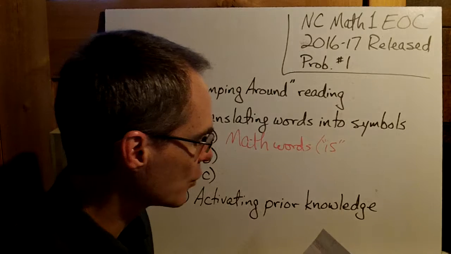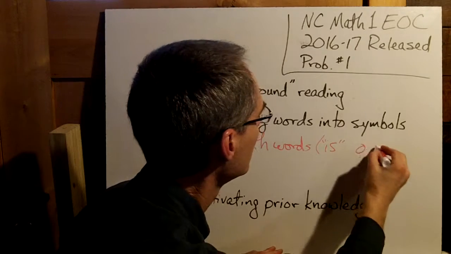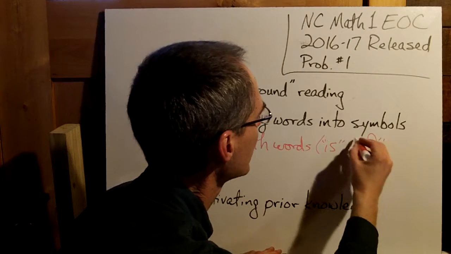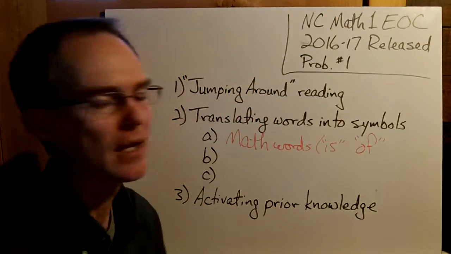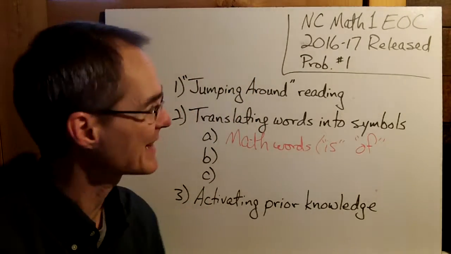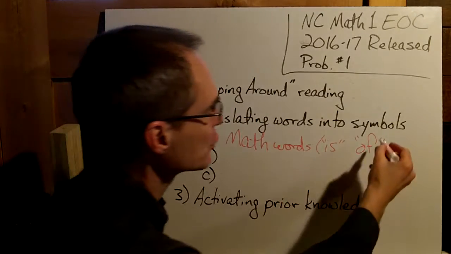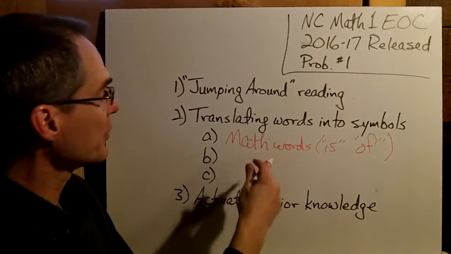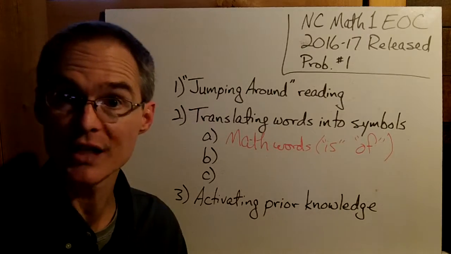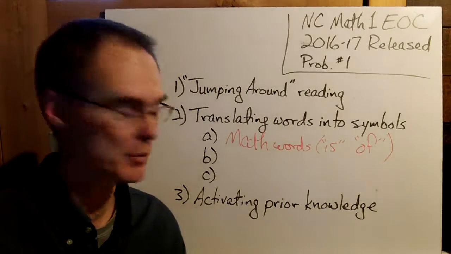And we also looked at the word "of." That's another math word that frequently, when you see it in a math problem or some type of math text, typically will mean multiply. And so we saw me using both of those math words and translating those into mathematics symbols.